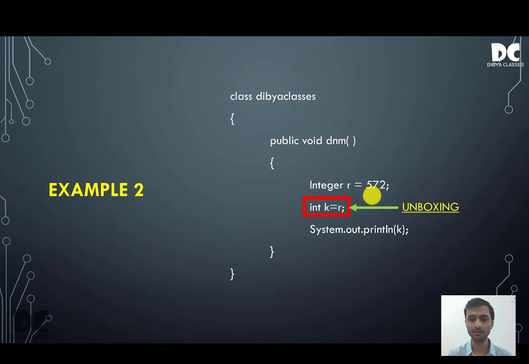Similarly, this is boxing: we are keeping the value in r using the new keyword. And this is an example of auto boxing: we have kept the value directly, implicit conversion. And here again, unboxing, we are simply keeping the value of r in k.